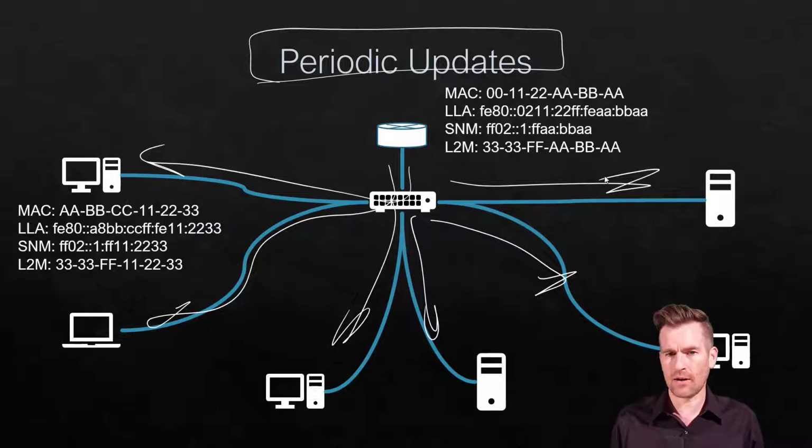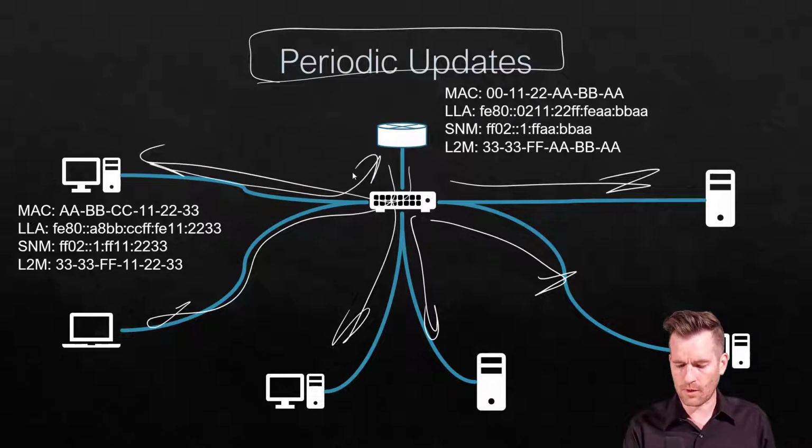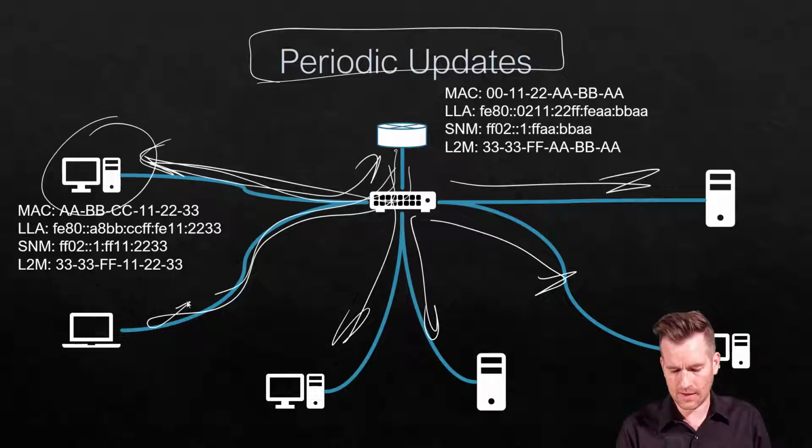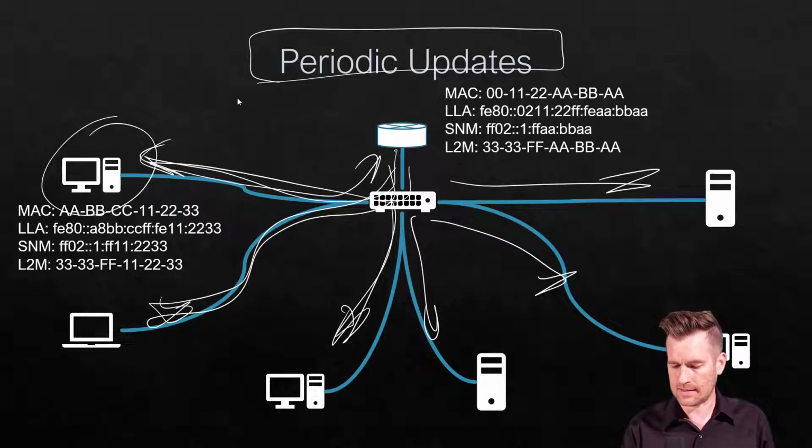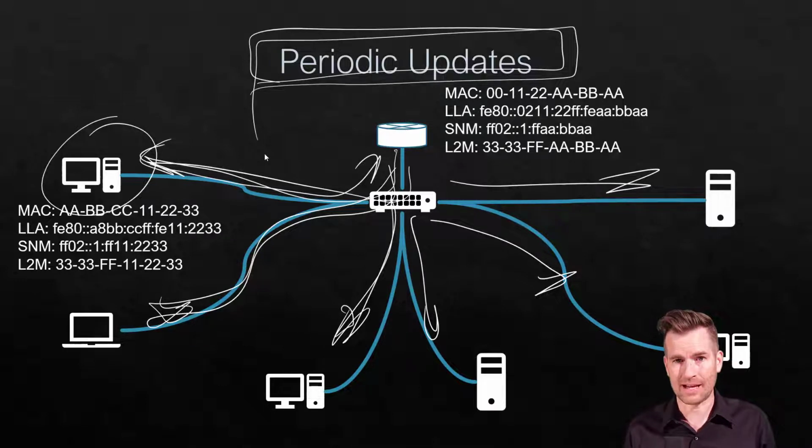It's going to go out every now and then and update all of the devices so they have the most current information, which is one reason why, if any device on the network asks for the information, it will not just send it to that one device, but it will send it out to all of the other devices, because it needs to send out a periodic update anyway. So that's exactly what it does, it sends out these periodic updates.